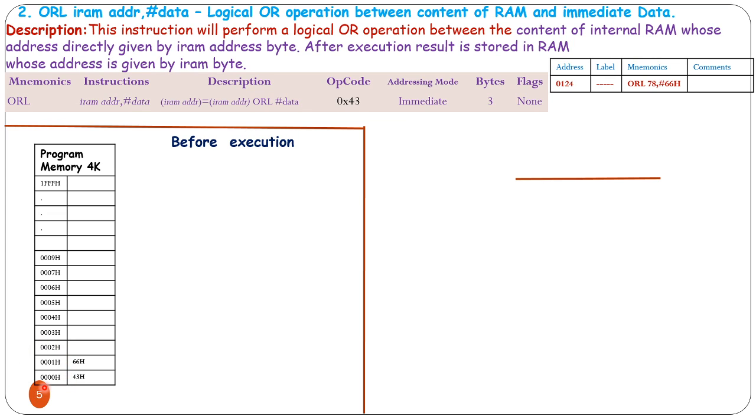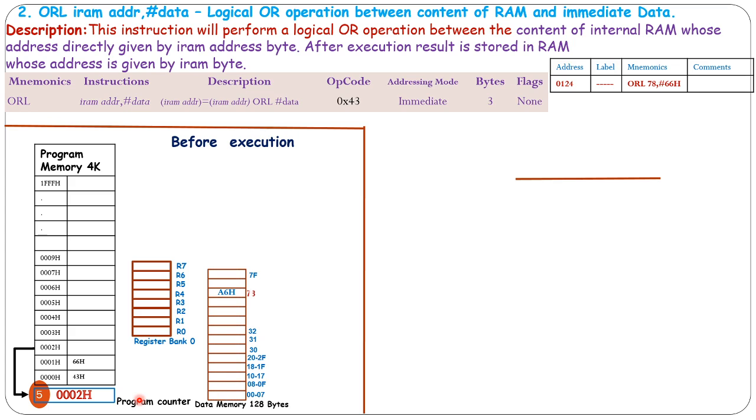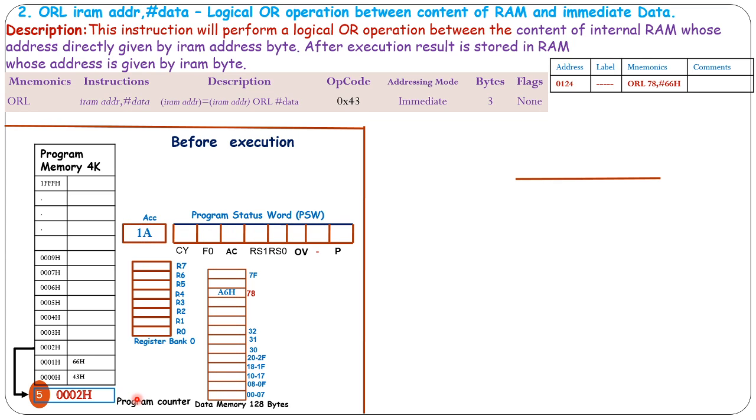So the program counter has content 002H, and the instruction is executed after this. Now the content of internal RAM at address 78H is, suppose, A6H. We are not taking this, only the immediate data, that is 66H.